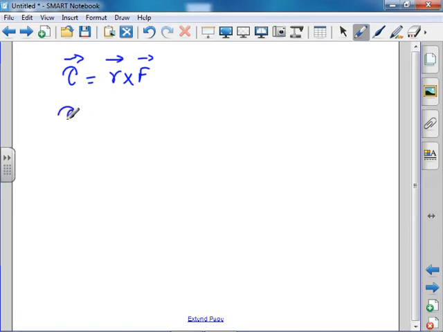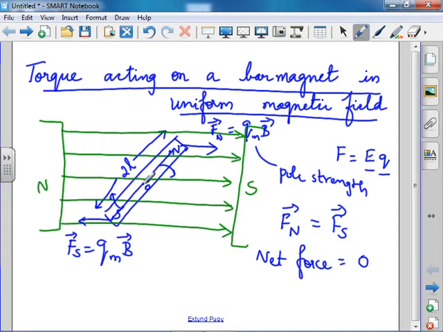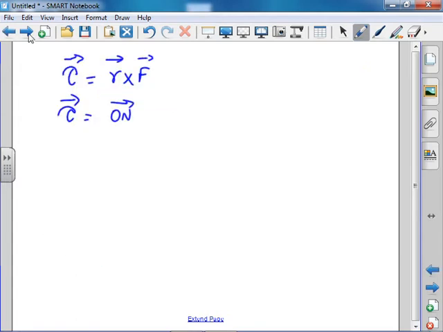Here tau vector is equal to ON cross Fn plus OS cross Fs.